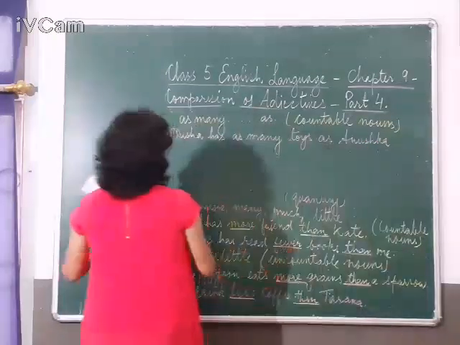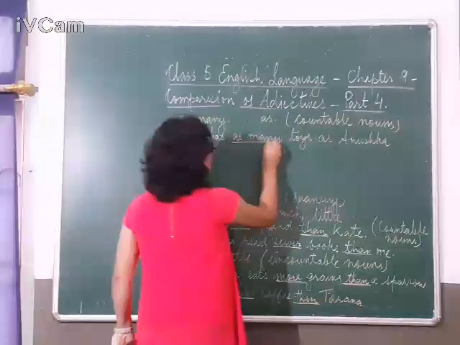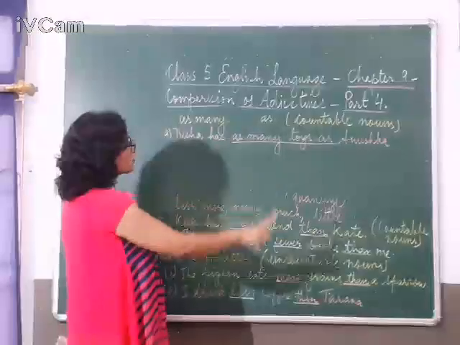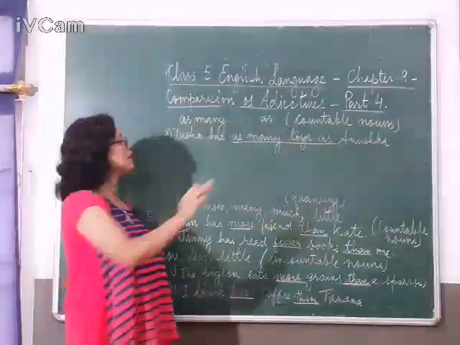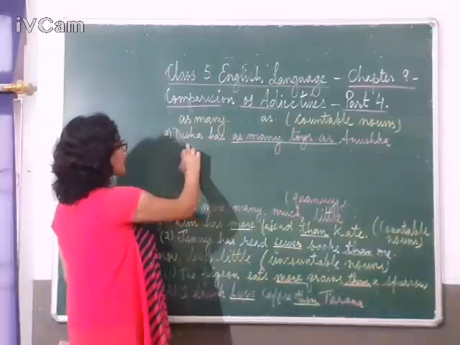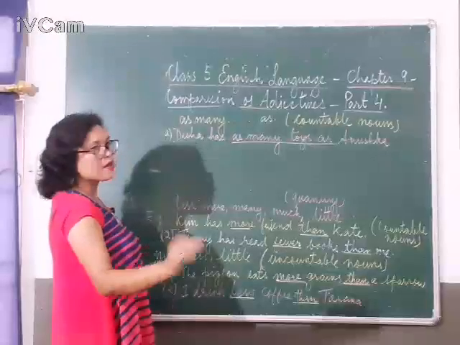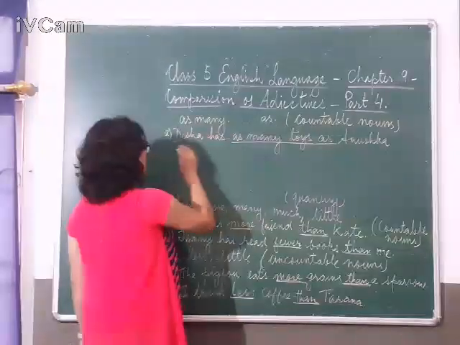See, Disha has as many toys as Anushka. Comparison between Disha and Anushka: they have the same, equal amount of toys. As many toys as, that means Disha has the same amount and Anushka also has the same number of toys, because you can count toys here, so these are countable nouns.